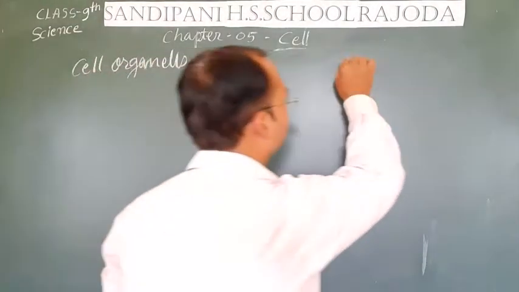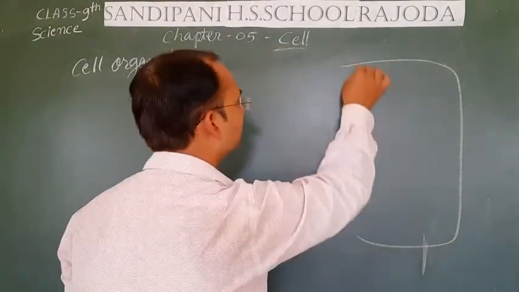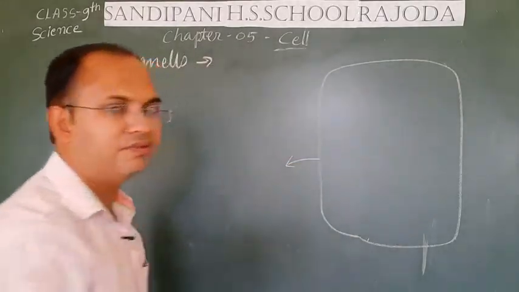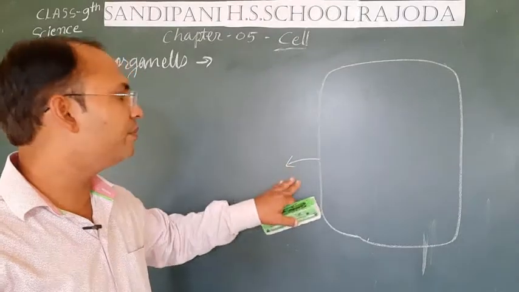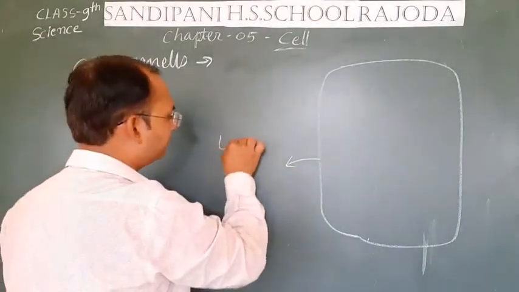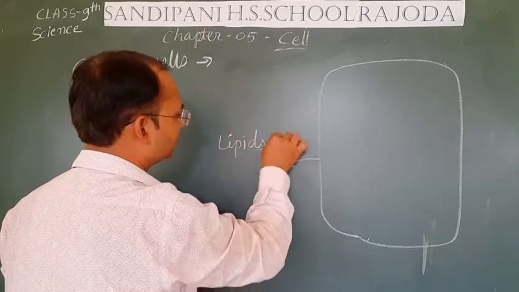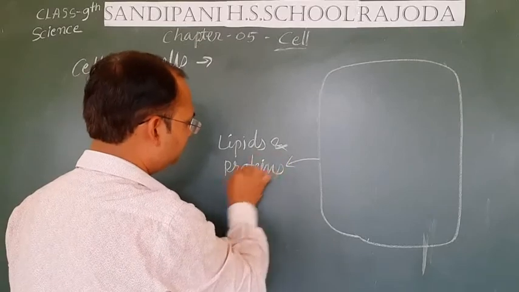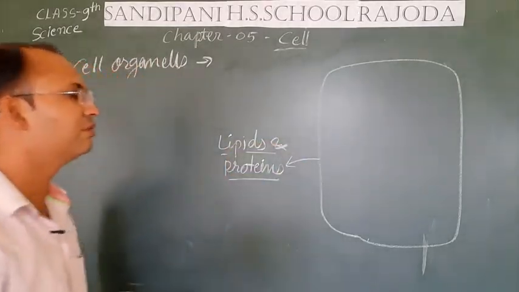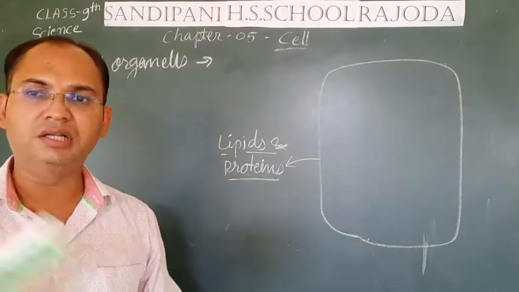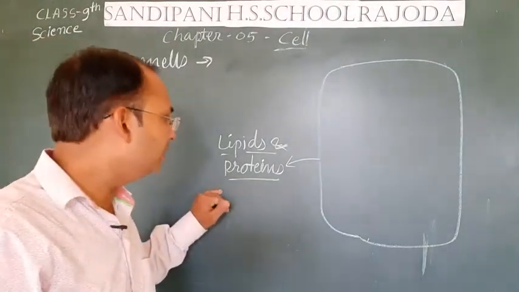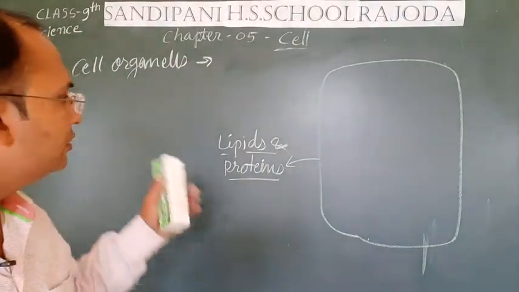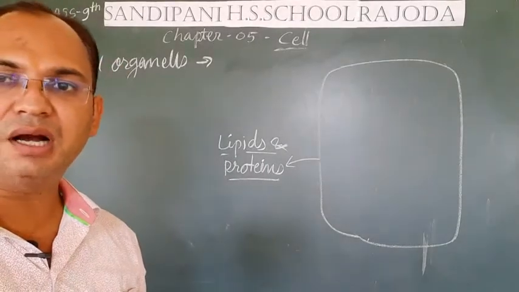Now let's get back to our topic, that this cell membrane is selectively permeable first of all. Second thing, this cell membrane is mainly made up of lipids and proteins. The things that make up the cell membrane are lipid and protein. We can easily see the structure of the cell membrane with the help of a microscope, and how the lipids and proteins are arranged.